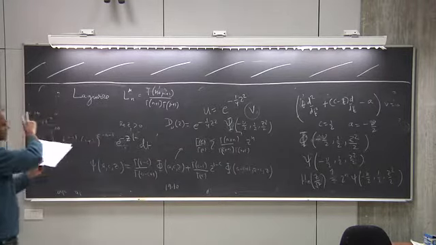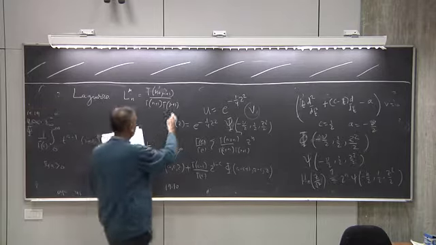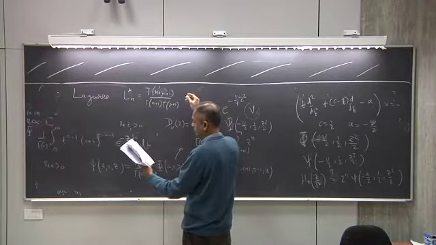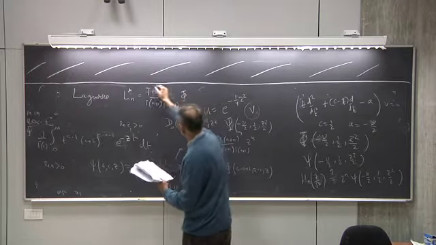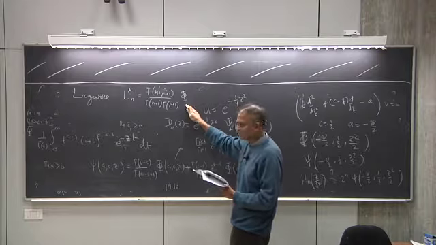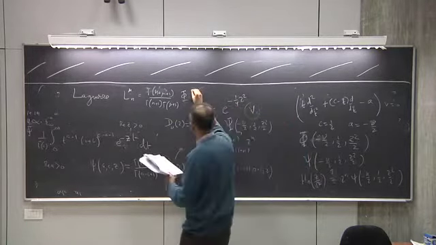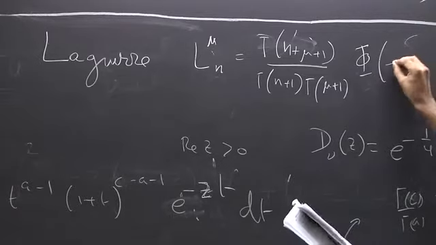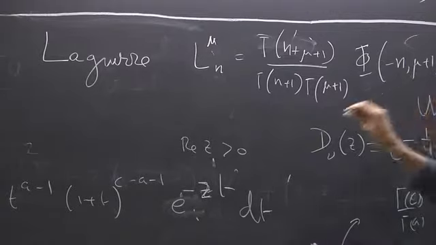Then you should stare at the Laguerre equation and stare at the confluent hypergeometric, and then see if you need to change some variables, so that you can map from one to the other. I think it should be a straightforward map, because this is a direct relation. Up to a constant, L is simply proportional to phi, so the equation must be more or less the same, up to some normalization factors. So minus n, mu plus 1, z.